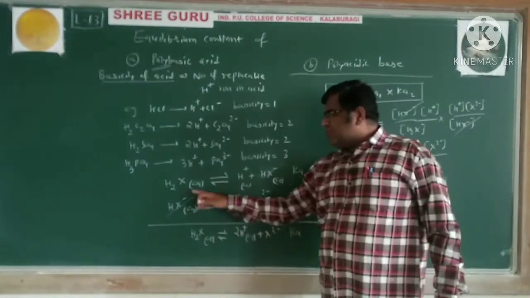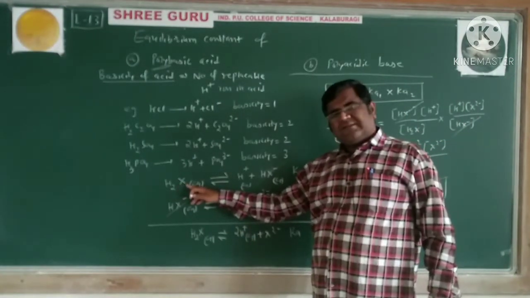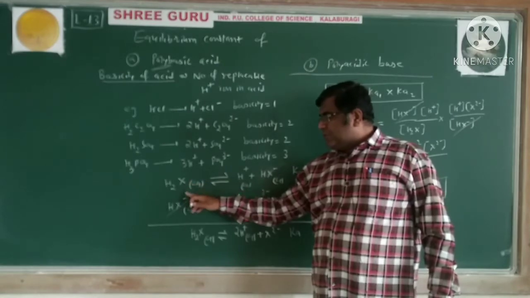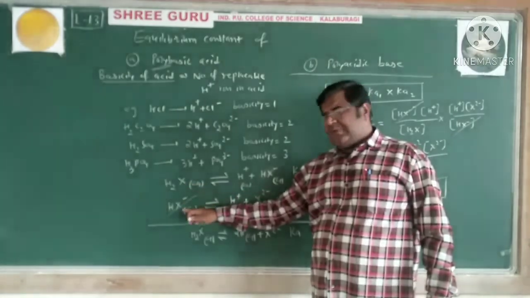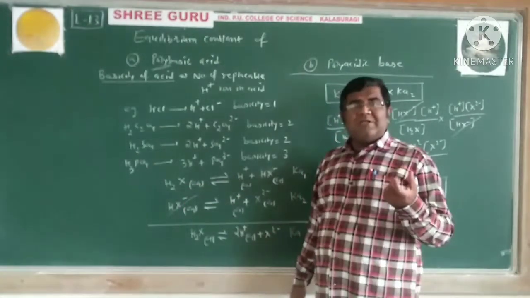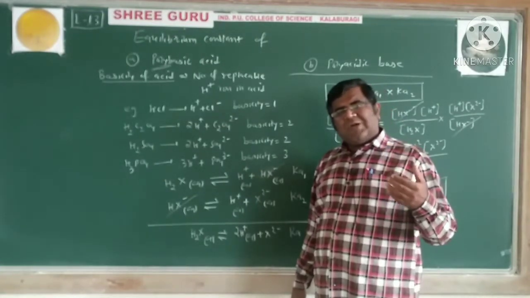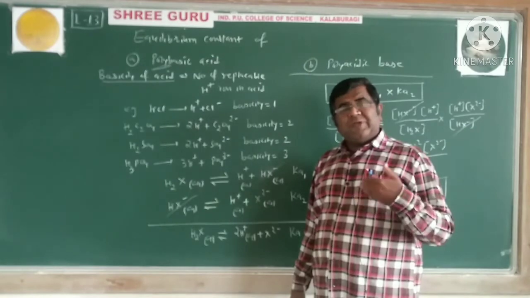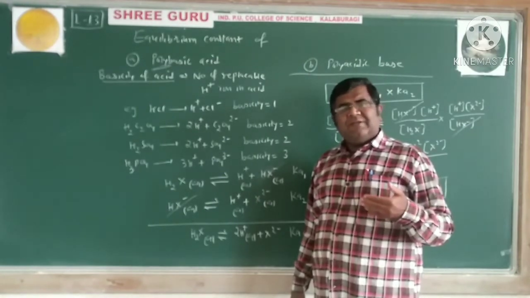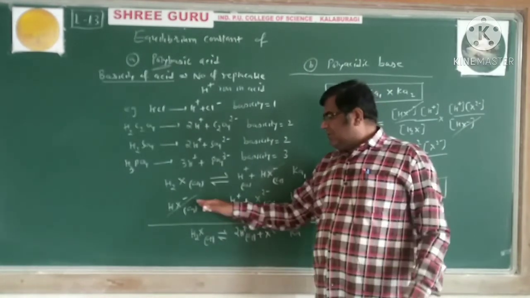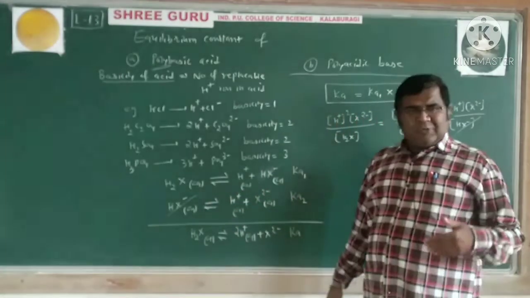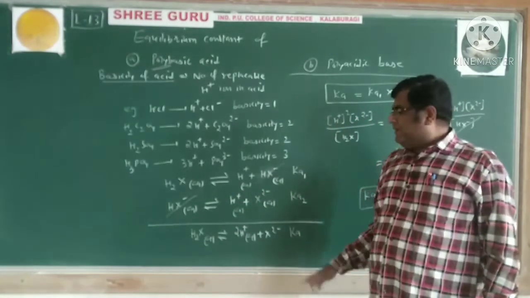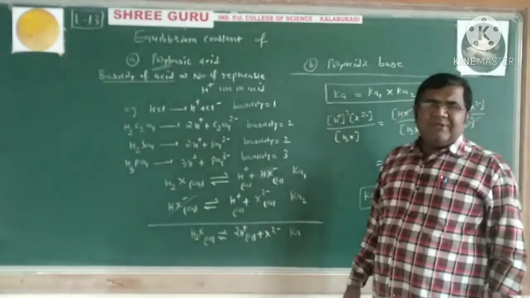Because it is easy to remove an H plus ion from H2X, but difficult to remove an H plus ion from HX negative, because HX negative is comparatively smaller in size, and to remove H plus from that smaller size we need to spend more energy. That's why the reaction is not favorable on the product side, and thereby it has a lower value of Ka.